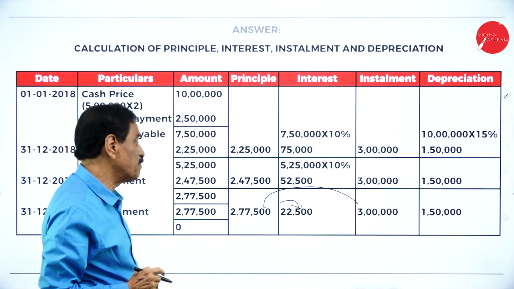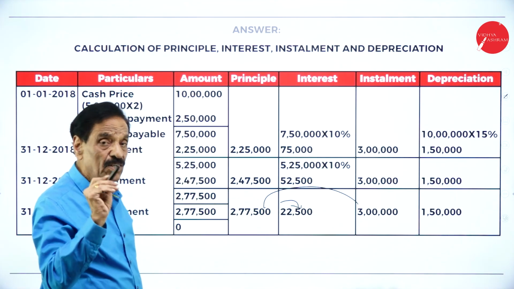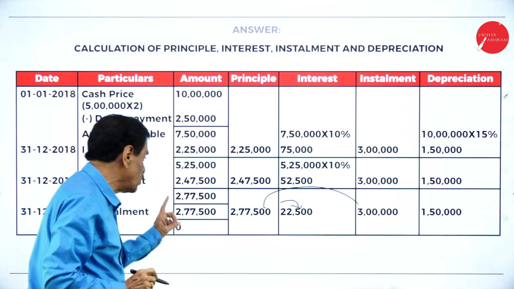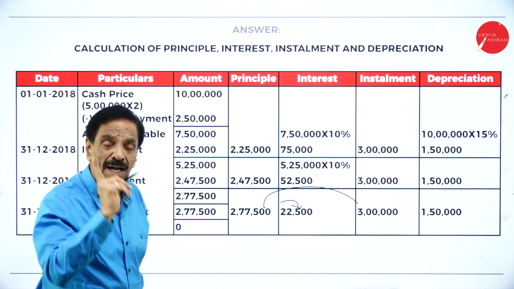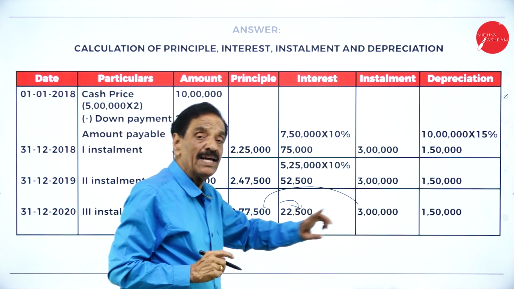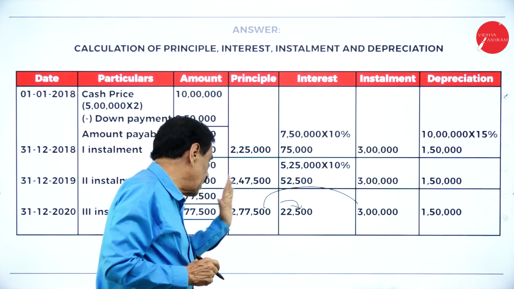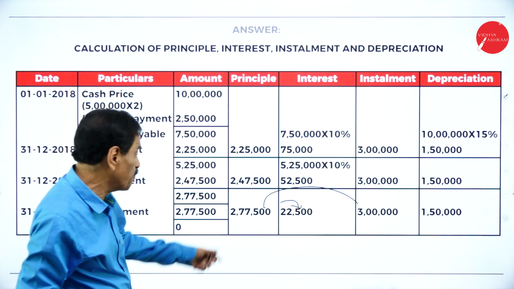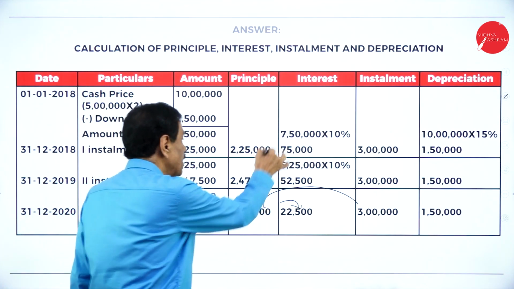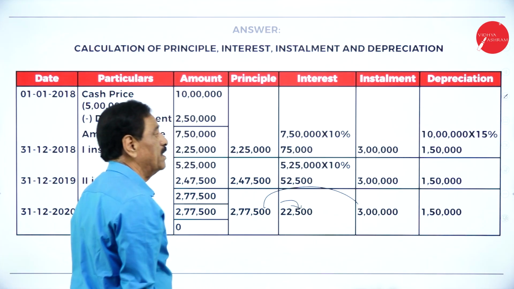Whatever the difference comes, that is the interest. That you have to remember. In the last installment, he has to pay 2,77,500, but he is going to pay 3 lakh. The difference between 3 lakh minus 2,77,500, whatever comes, that is the interest. If you add all this interest, you get 1,50,000.